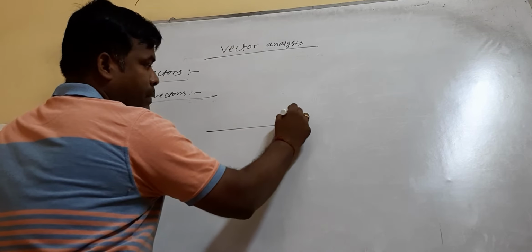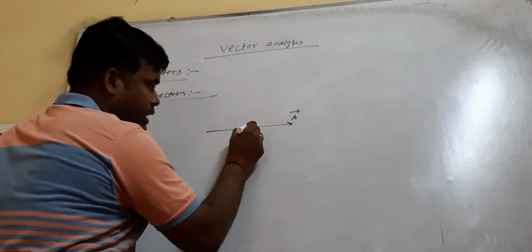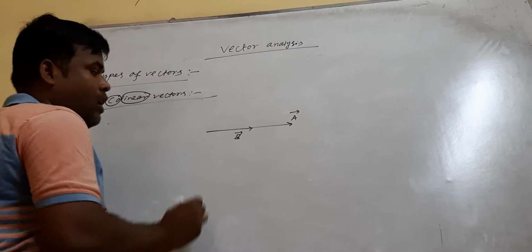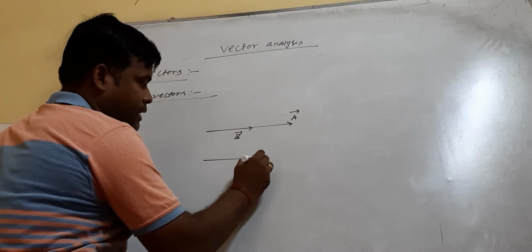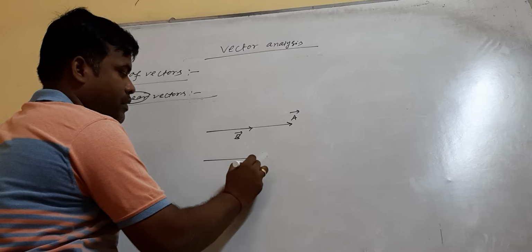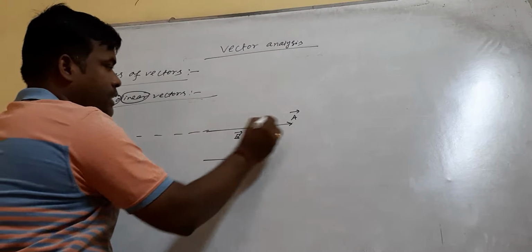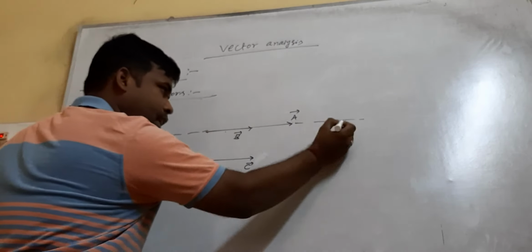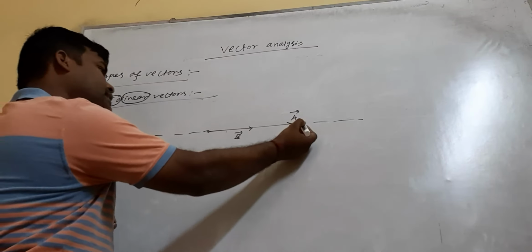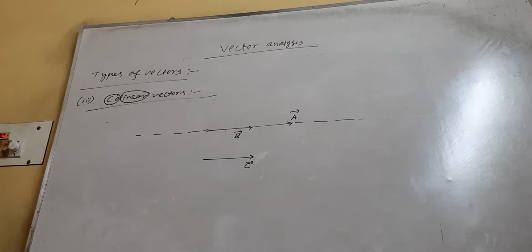Suppose A vector and B vector act along this line, and let C vector act along a parallel line. A vector acts along this line, B vector acts along the same line. So here you can say A vector and B vector are called collinear.